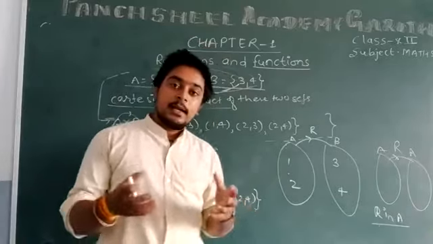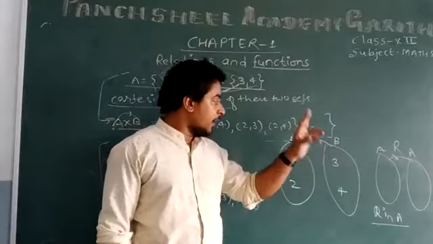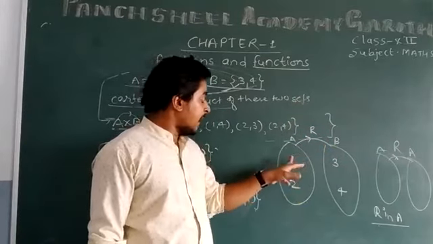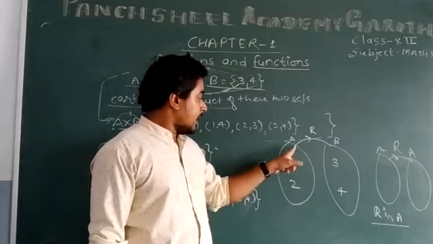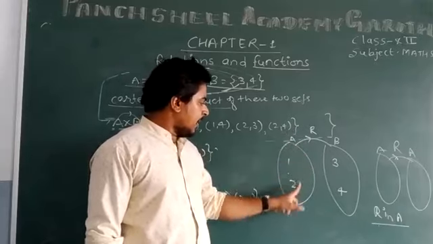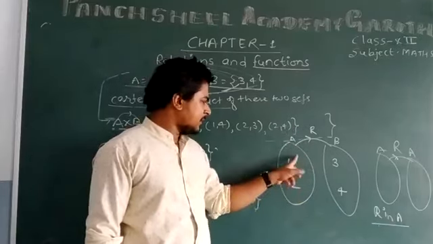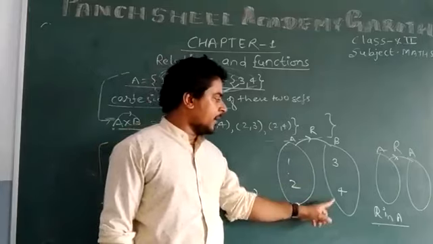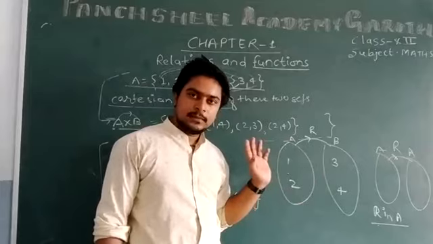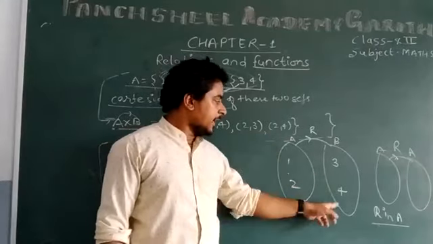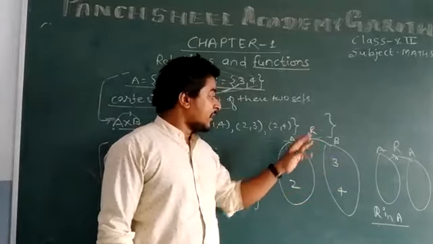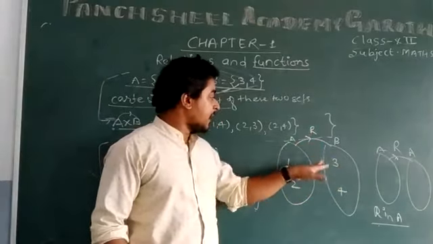That means relation is going to connect any element of the first set with any element of the second set, because R is defined. Relation is connected between A and B.